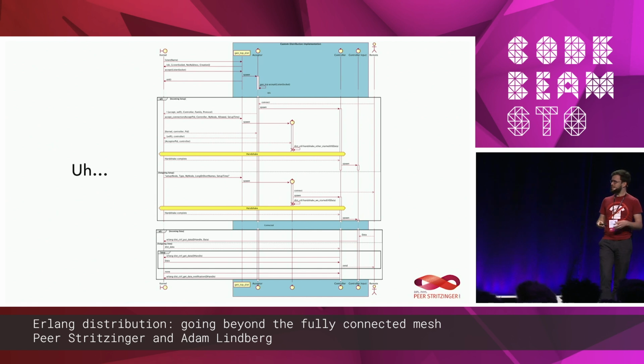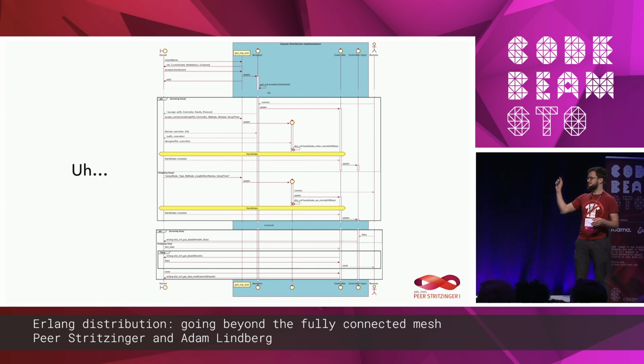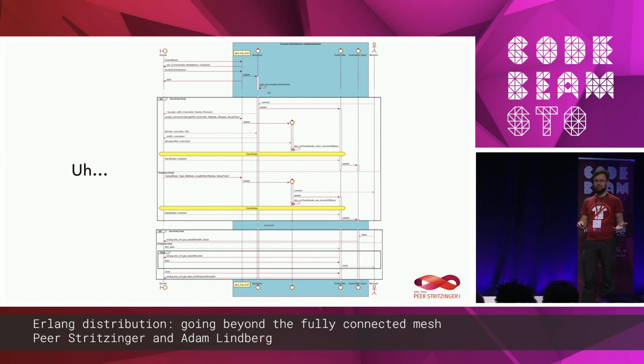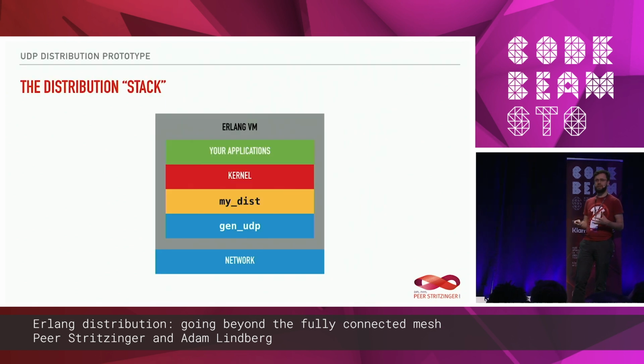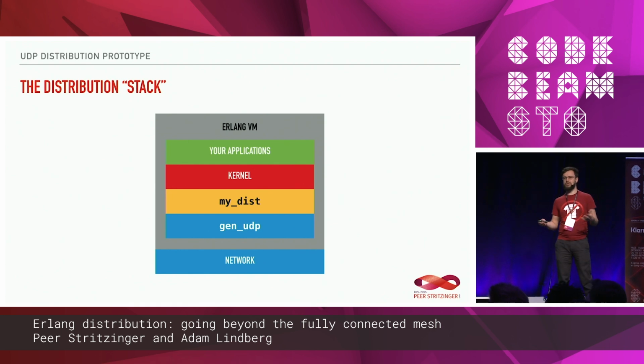So building an Erlang distribution is actually quite complex. This is just a sequence diagram I was trying to draw to figure out how the API towards the kernel works when you build a custom Erlang distribution implementation. It's pretty complex, but I'll try to explain it more simply, and you can get a feeling for what's involved in building a custom distribution.